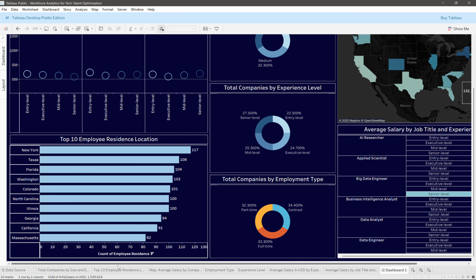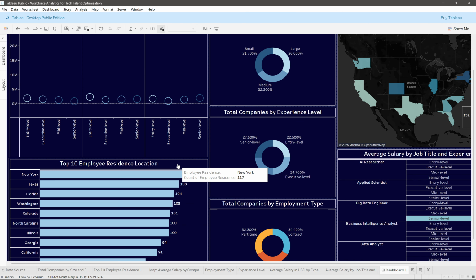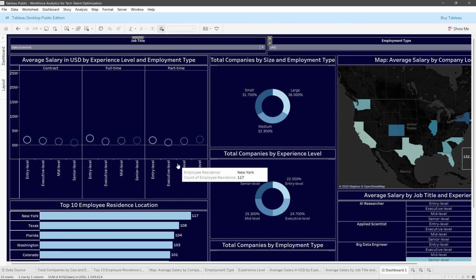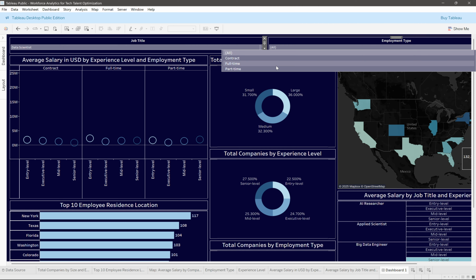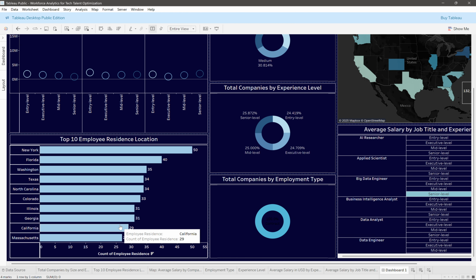If we check with the employee residence location, we still have New York on top. Current employees are 117, 108 for Texas, Massachusetts still 82, and California 91. Let's consider employment type to be contract. If we use contract, we still have 50 people working in New York, with Florida and Massachusetts on the lowest side again.